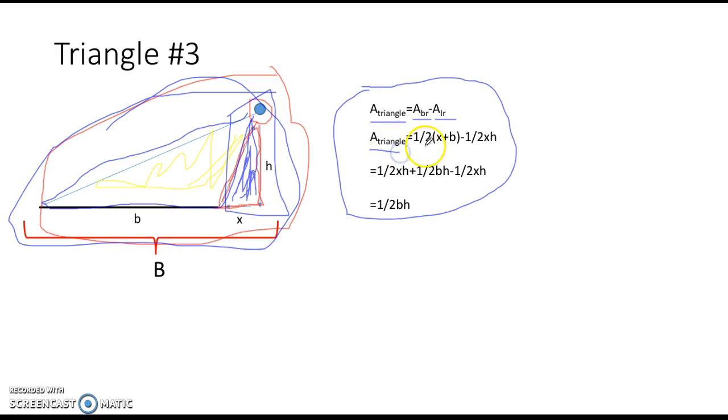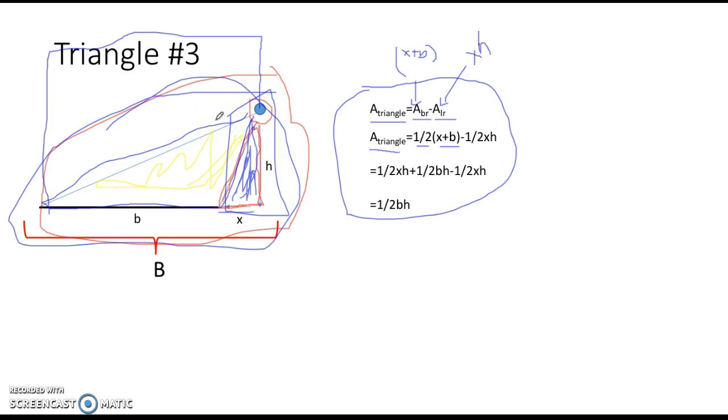So the area of the triangle is 1/2 times (x plus b) times h, minus 1/2 xh, because this is x plus b and the little triangle is xh, and you have to do half because we know it's 1/2 of a rectangle.